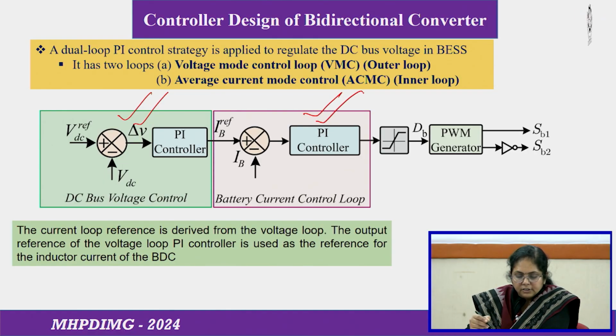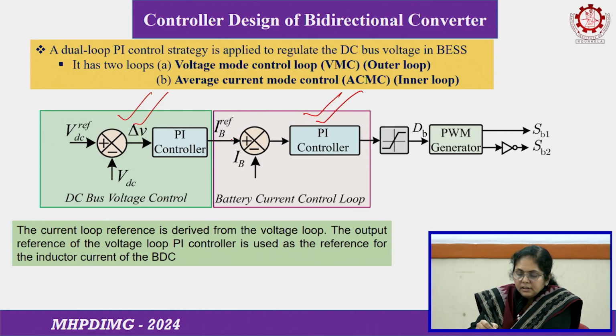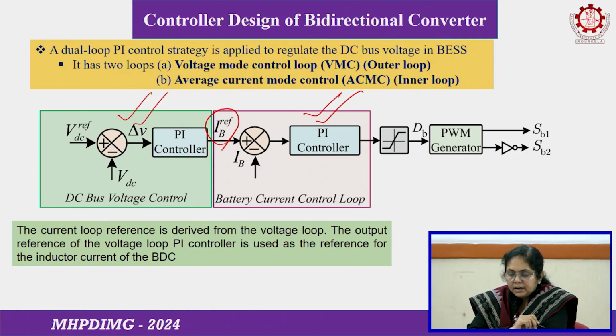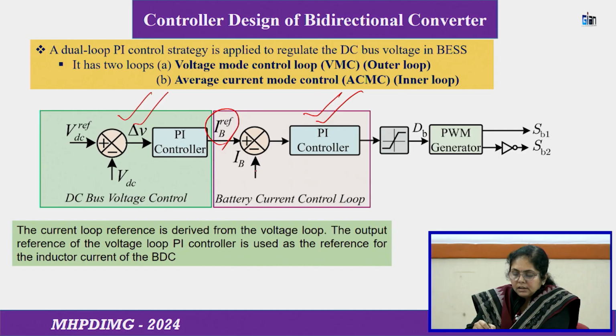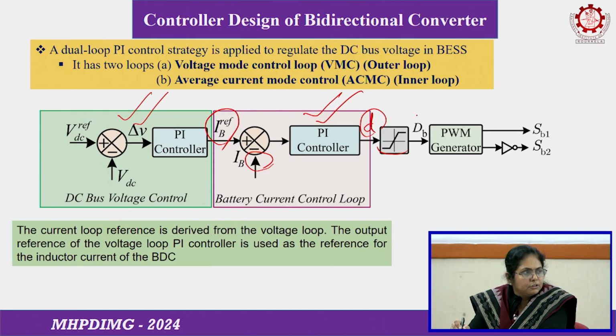The outer voltage control loop generates the battery current reference command. When it is compared with the actual measured battery current and given to the PI controller, it generates a duty cycle. Actually, this will be limited.